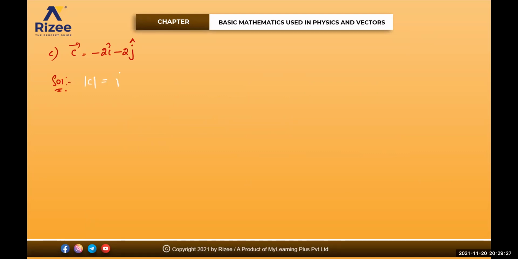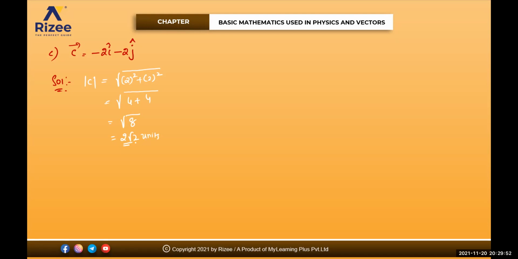Magnitude of this one will be under root of 2 whole square plus 2 whole square. Minus 2 whole square is anyhow 2 whole square. That will be under root of 4 plus 4, that is under root of 8. 8 can be written as 2 root 2. Yes, 2 root 2. That is the magnitude.